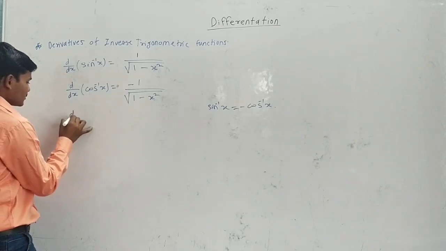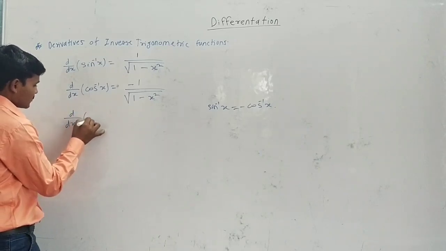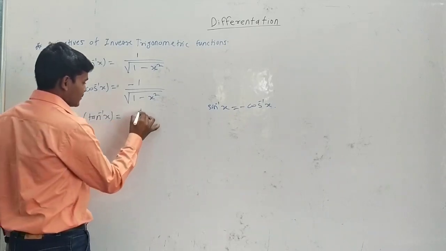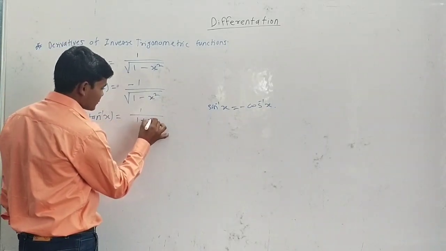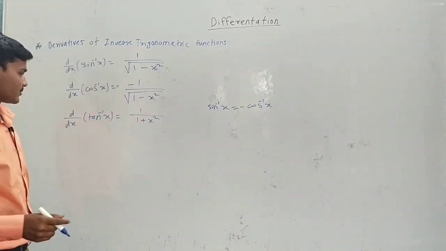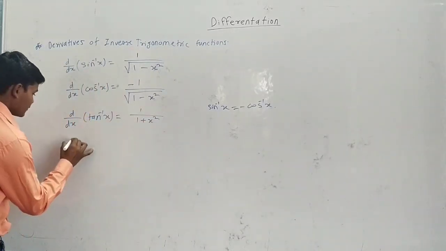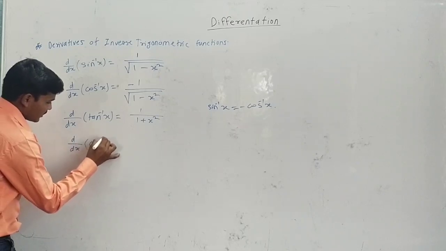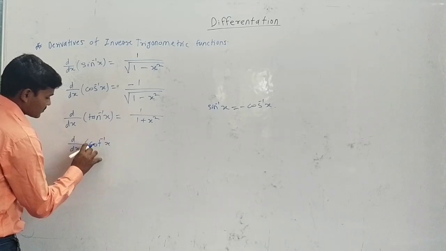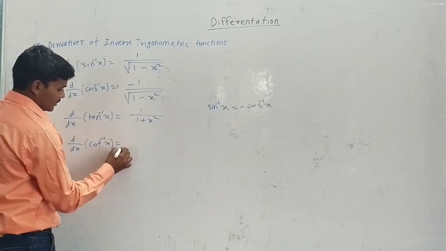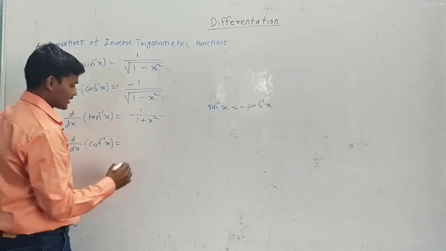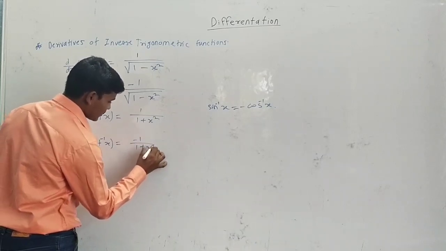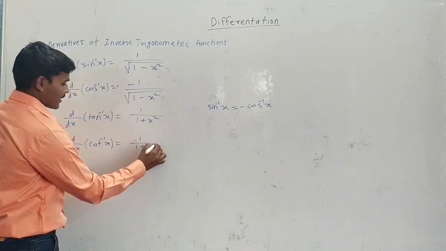Then next, dy/dx of tan inverse x is 1 by 1 plus x square, and the derivative of cot inverse x is minus of tan inverse x, that is minus 1 by 1 plus x square.